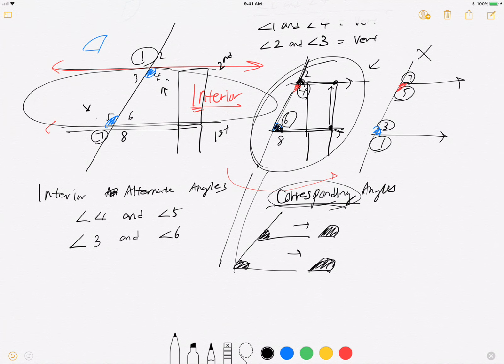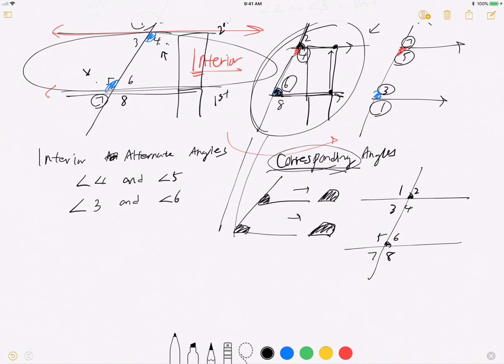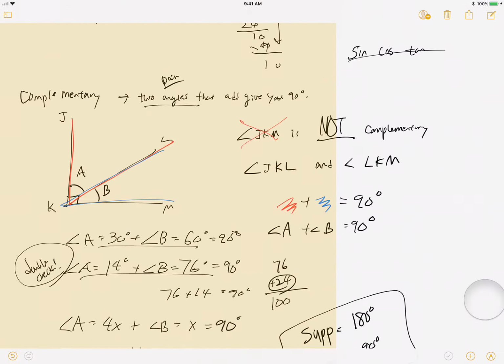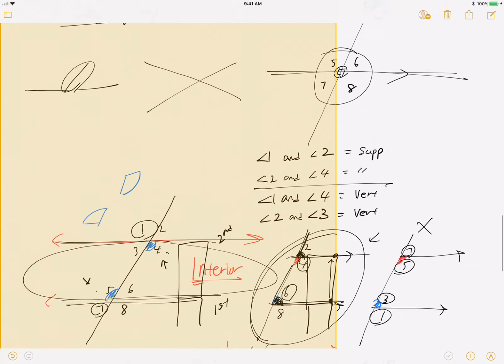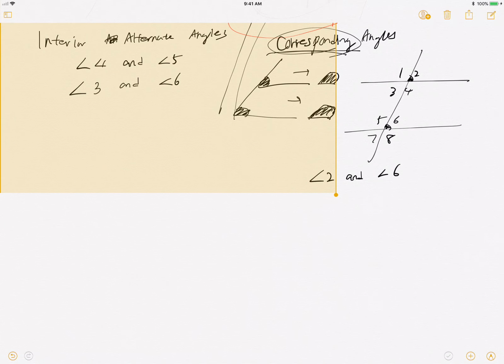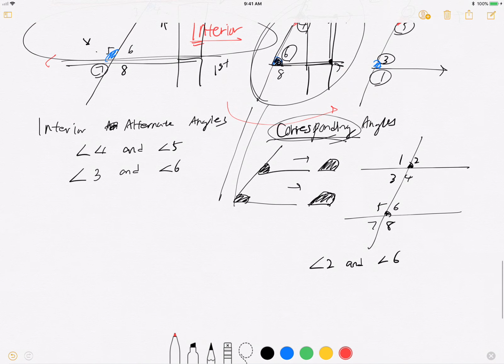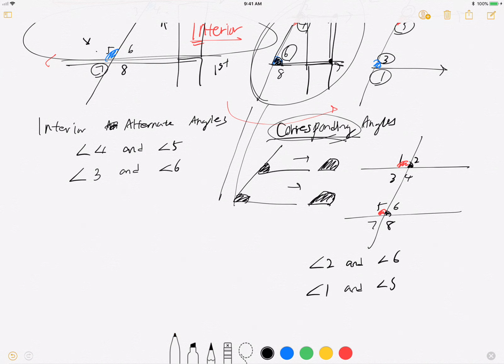So what would that be, for example? If I redraw this, 1, 2, 3, 4, 5, 6, 7, 8, this angle 2 and this angle 6 would be called corresponding angles. What else? This 5 right here and this 1 right here would also be called corresponding angles.